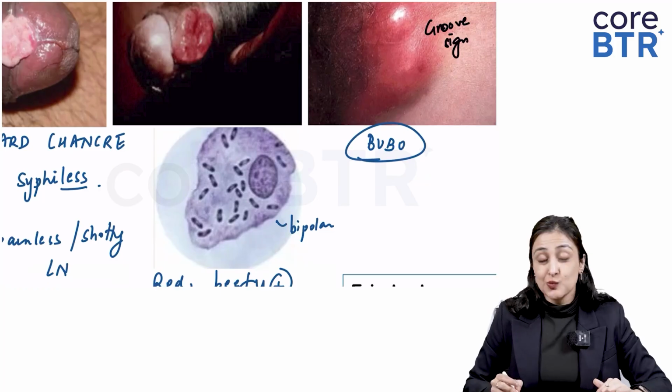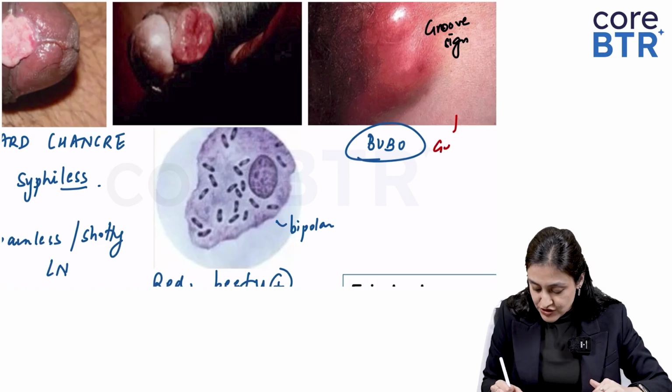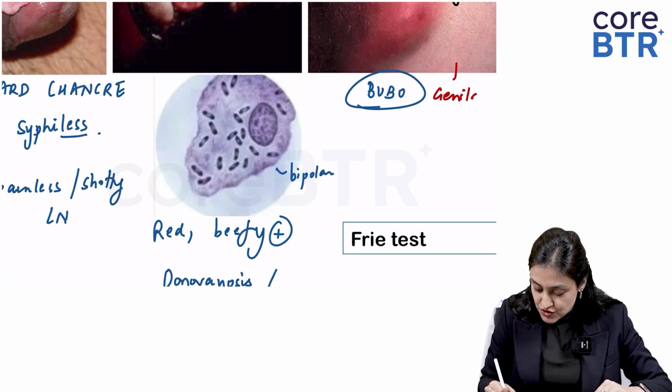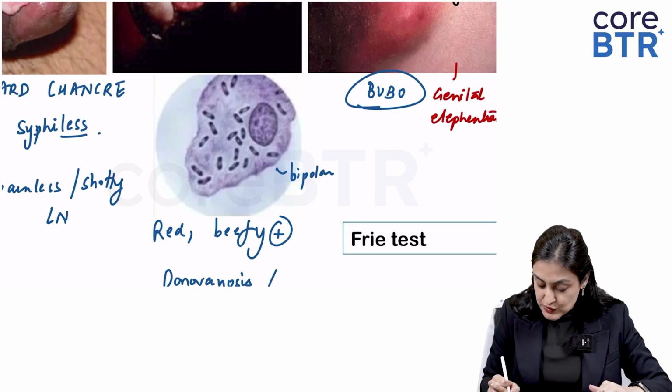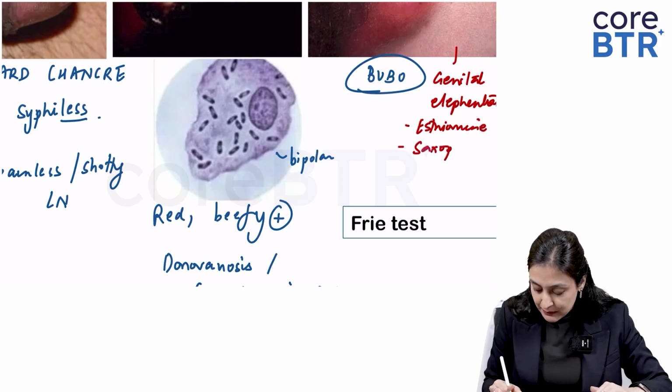So this is where you may see genital elephantiasis also as a complication, and that is where they may describe a few terms. So a few words like esthiomene in the vulva or a saxophone penis may be described.